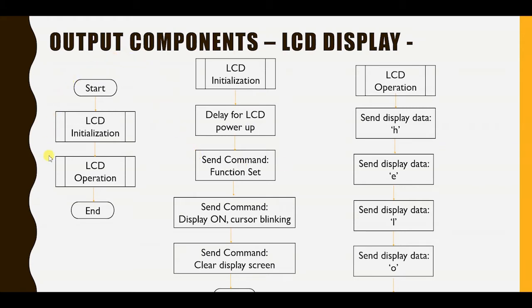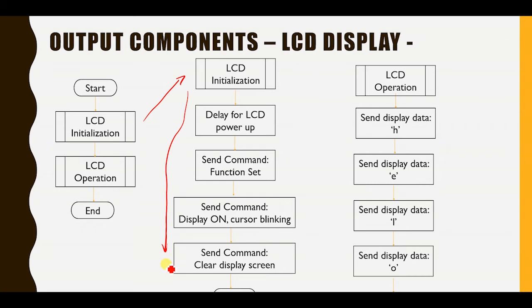Basically, if you look at the left side of the flowchart, from start it requires LCD initialization, followed by LCD operation, and that's it. LCD initialization consists of this from here until the end here.